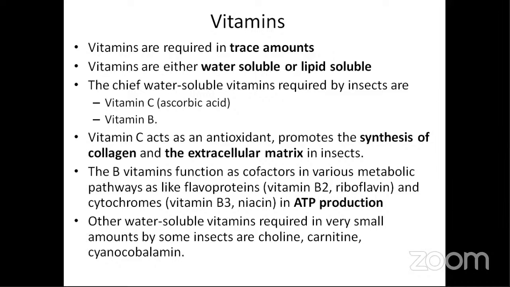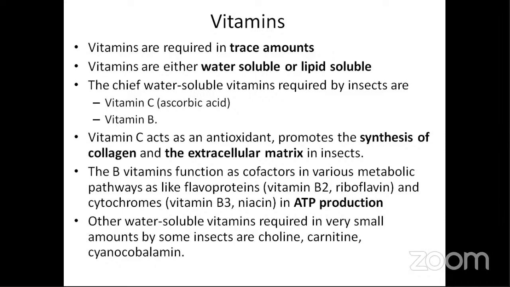matrix in insects. Nothing but extracellular matrix in the mitochondria specifically. The mitochondria is a place where the electron transport chain takes place. And in the case of ATP production also, vitamin B functions. It acts as a cofactor in various metabolic pathways, like flavoproteins and the cytochromes.